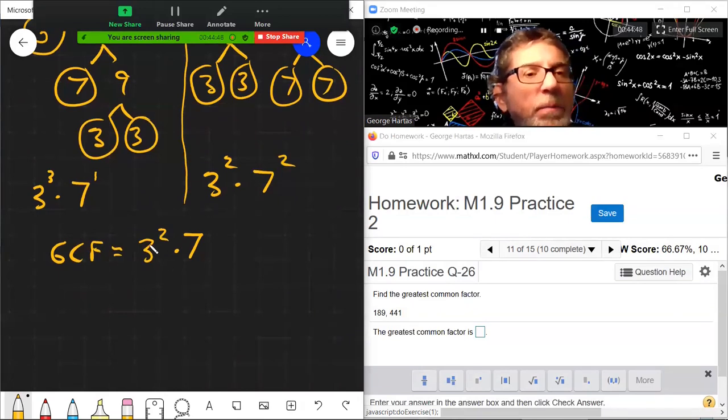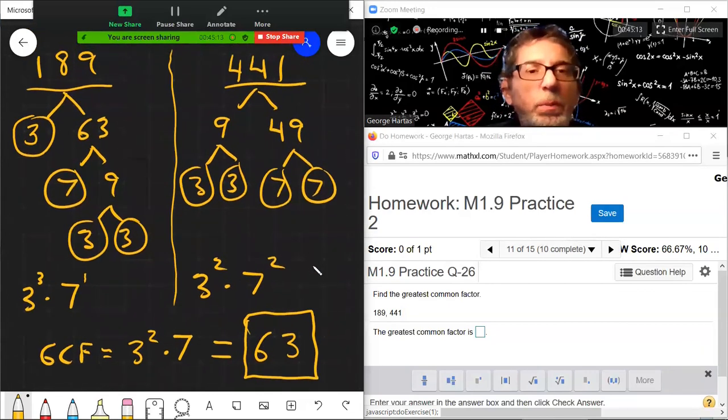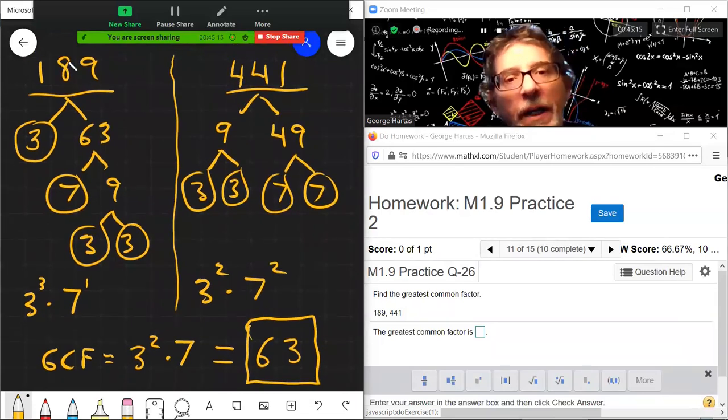We know that 3 to the second power is the same as 3 times 3, so this is 9. 9 times 7, you said, is 63. Correct. So 63 is the greatest common number that divides into both 189 and 441.